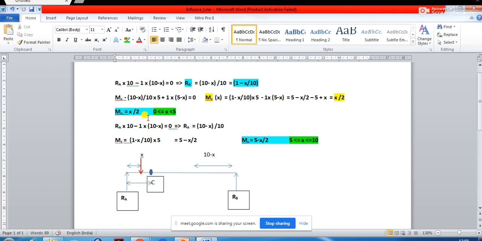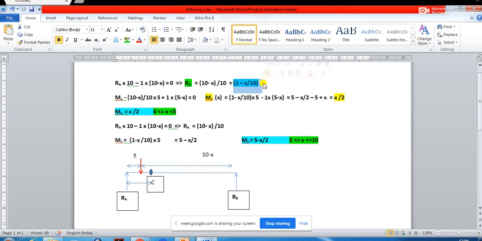Now you see, at a distance x, when this load is placed at a distance x from here, the distance from here to here is going to remain 10 minus x, and for this Ra, the reaction is not going to change, it is going to remain the same.